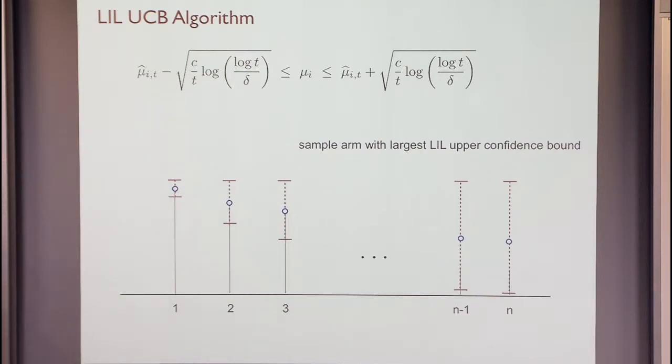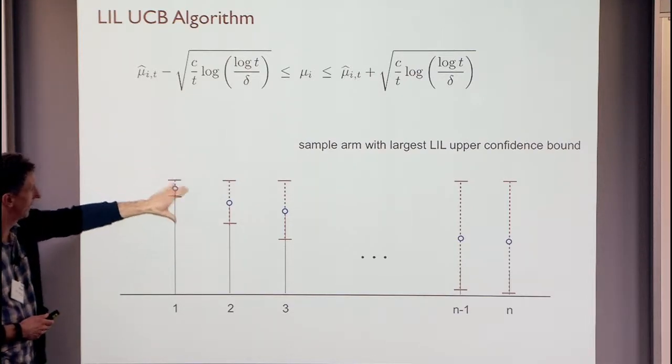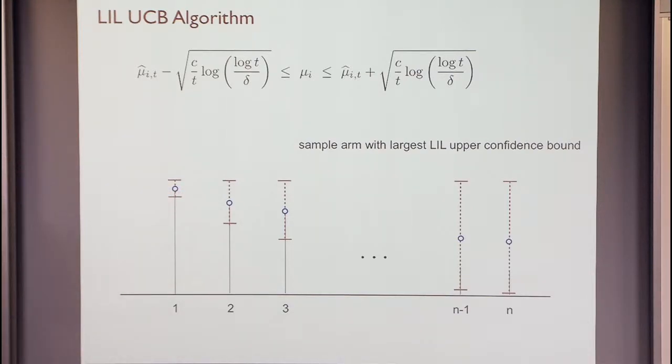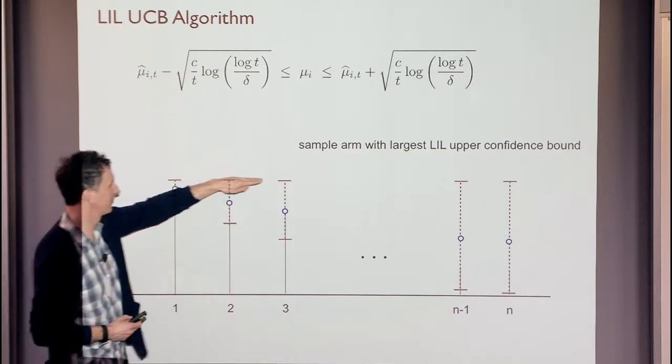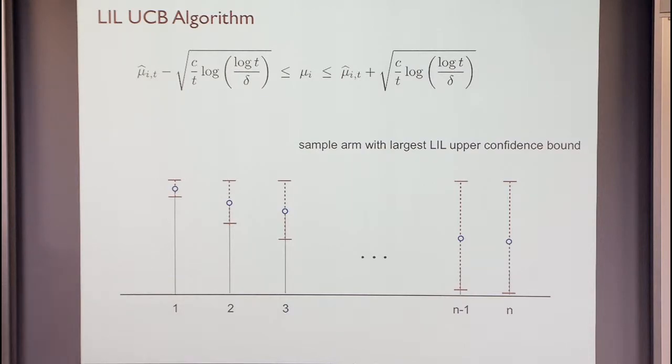And we're going to use a slightly different strategy. It's still confidence bound based, but it's called a UCB style algorithm, upper confidence bound algorithm. And the idea is that we have now what I'll call these LIL confidence intervals. And the way a UCB algorithm works is it says every time you're going to take a new sample, look at which arm has the greatest upper confidence bound, so the greatest one of these upper guys, and sample that one to try to pull it down.